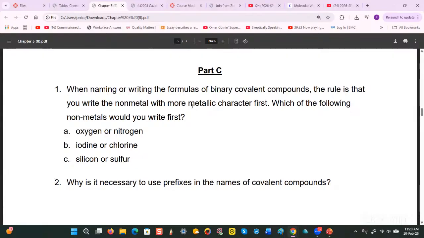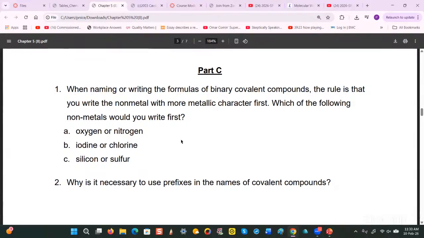Or if you're given bromine and chlorine, they're both in the same group, so bromine will be mentioned first, then chlorine. So that's how you determine which element comes first: the element that comes first in the name and in the formula would be down a group and to the left of a period.